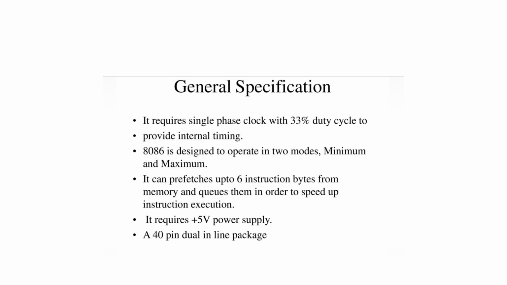And a few general specifications of 8086: it can prefetch up to 6 instruction bytes. Prefetching is nothing but pipelining, a most important topic, which is possible in 8086. What does pipelining mean? If you pass 5 liters of water through a single pipe, it will reach from A to B in 10 minutes.